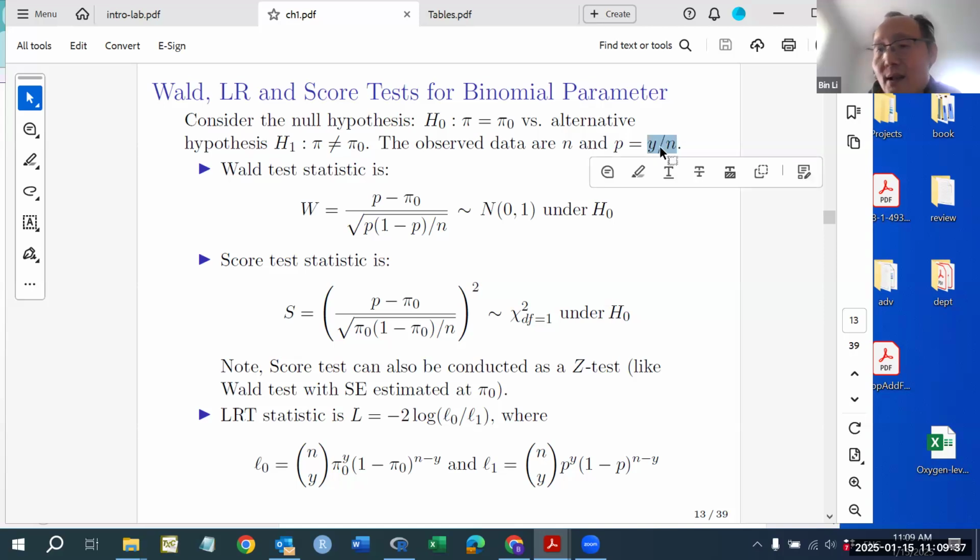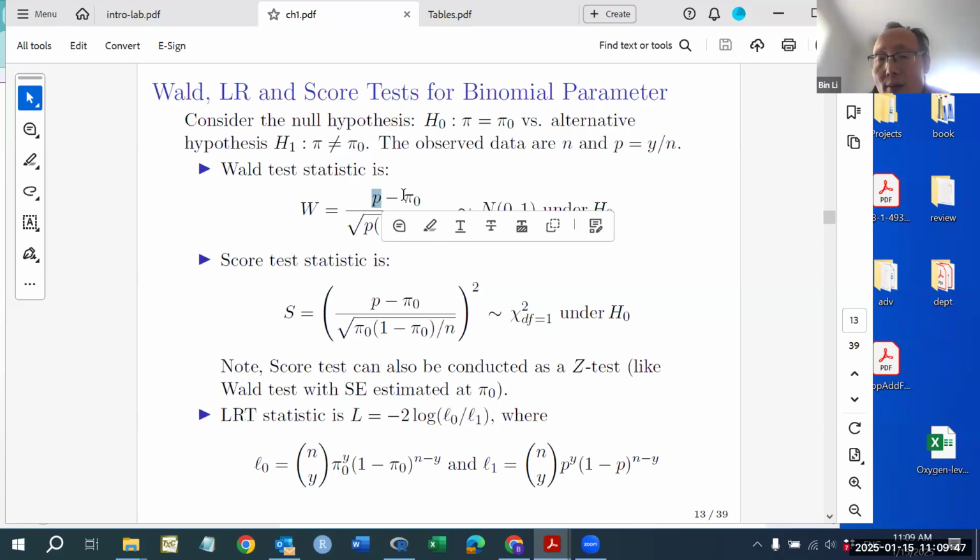So what is the Wald test statistic? The Wald test statistic is our sample proportion minus the hypothesized value, squared, then divided by p times 1 minus p divided by n. And these are based on the sample proportions.